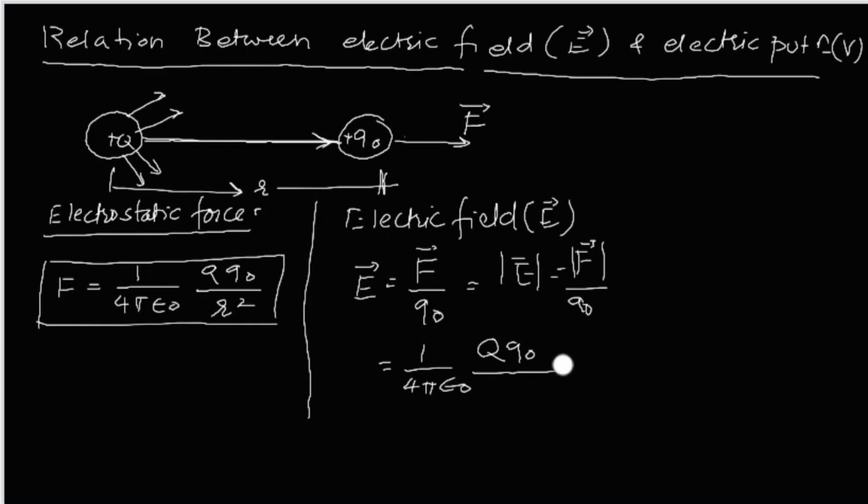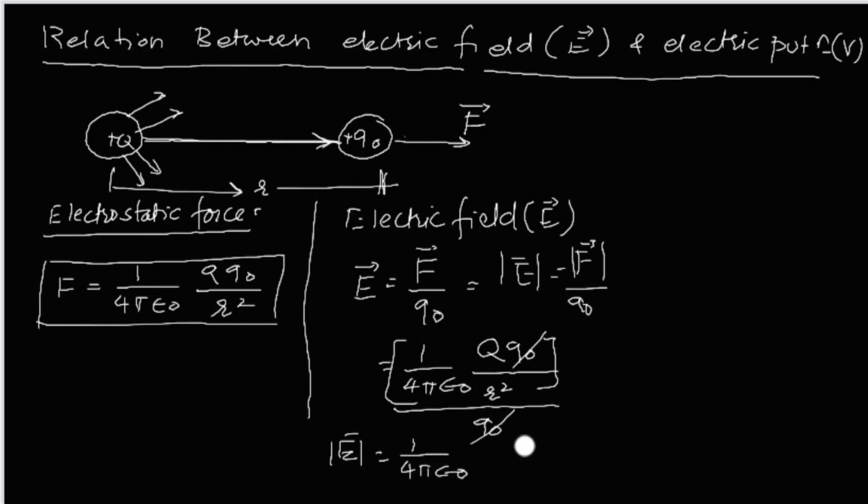This is the force value, and as per the definition it will be divided by Q0. So Q0 will get cancelled, and E in magnitude will be 1 upon 4 pi epsilon 0 Q upon R square.